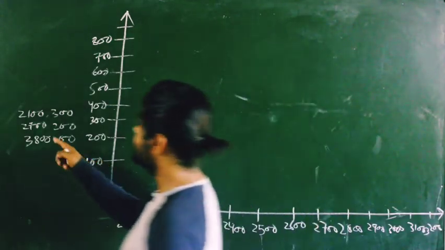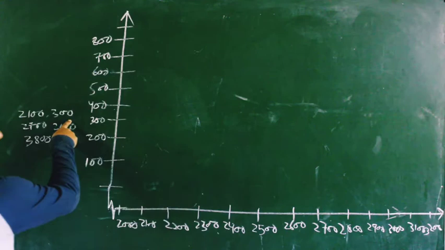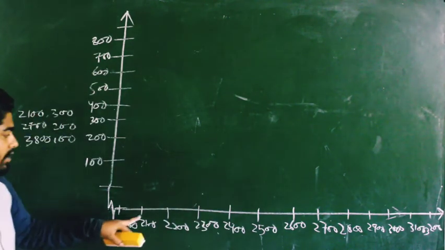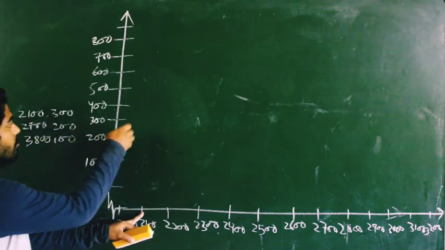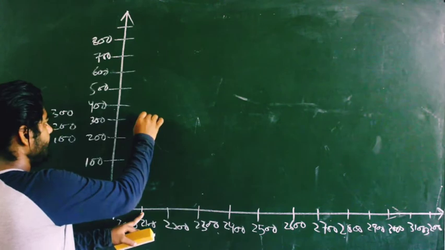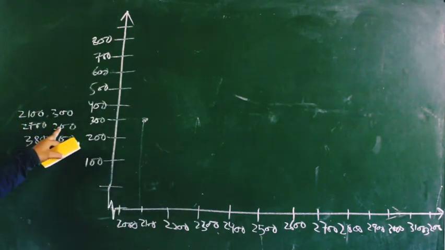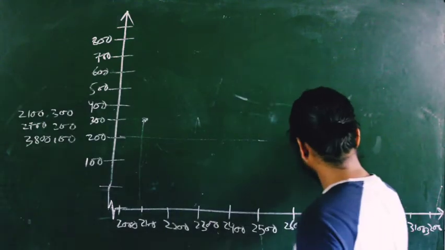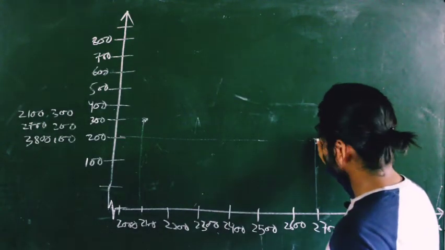Now we'll see the points. 2100 by 300. So in the x-axis you'll get 2100. So 300 and 2100 somewhere here. 2700 by 200. So 200 is here and 2700 is here. So somewhere here.